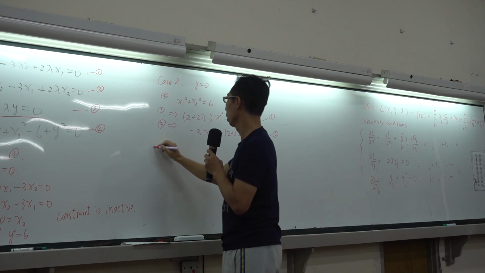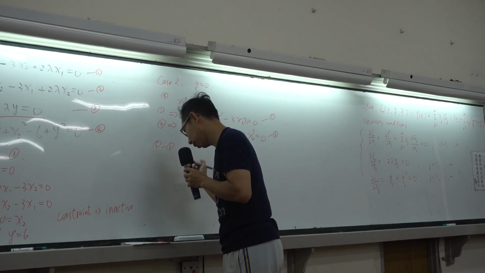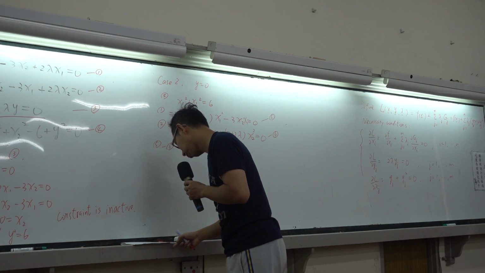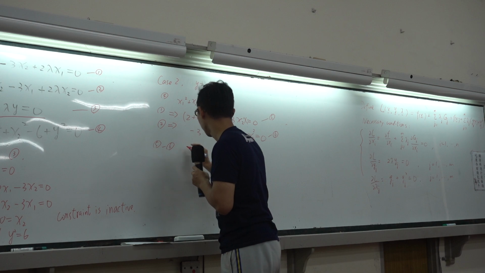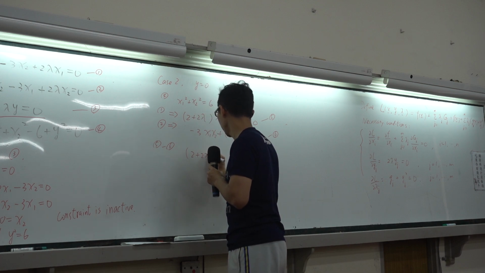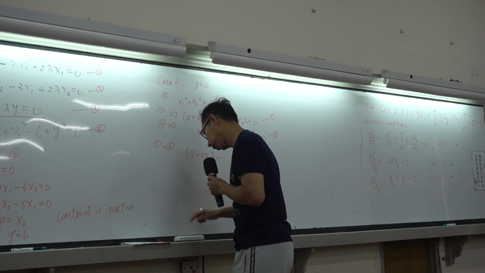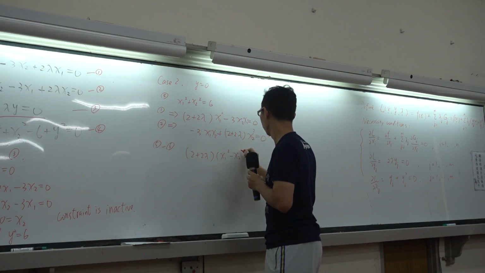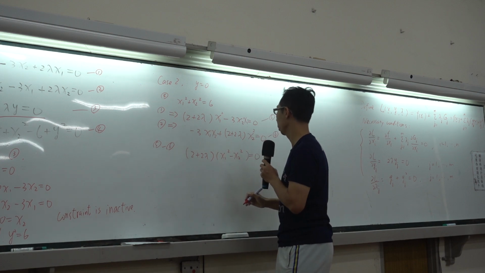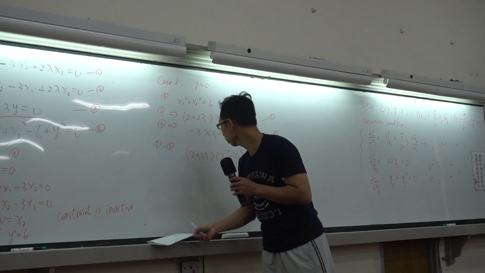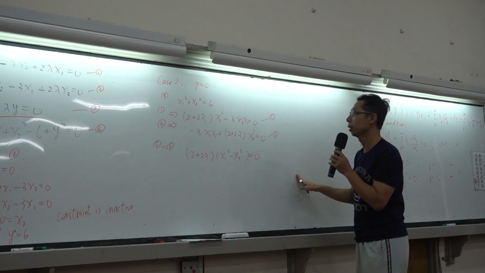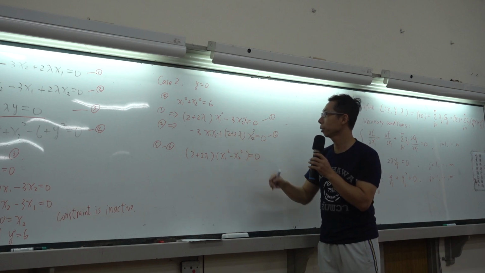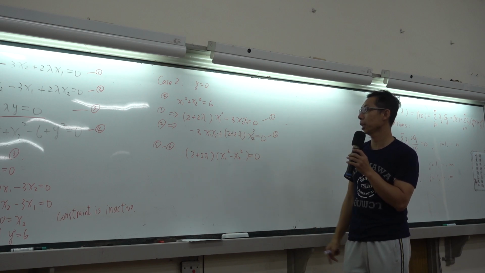And then 5 minus 6. So now we have 2 plus 2 lambda times something. 3x1x2 is cancelled out, so that's right.